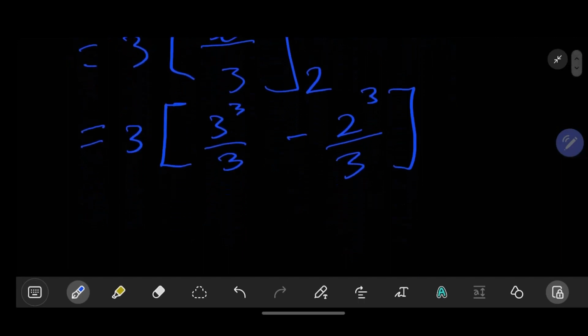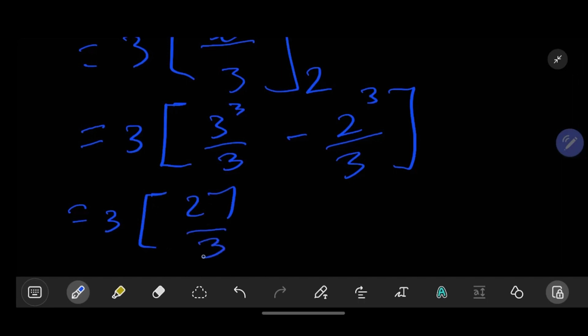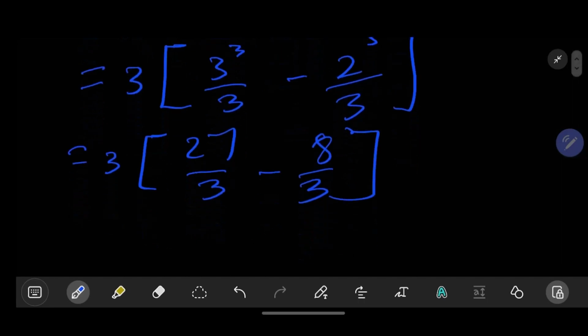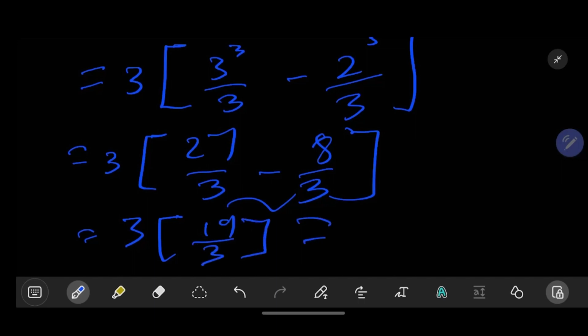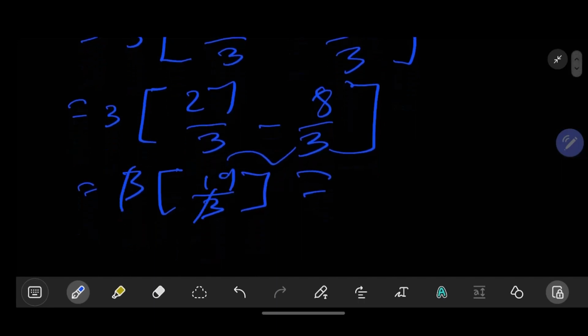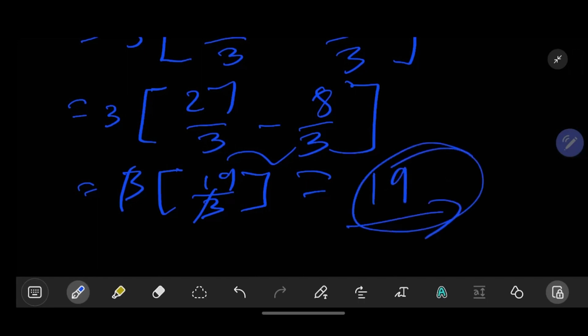If we simplify this, it is 3 into 27 by 3 minus 8 by 3, and that's equal to 3 into 19 by 3. This 3 and that 3 will cancel out. If you multiply it out, your final answer is 19. Once again, we got a number for a definite integral.